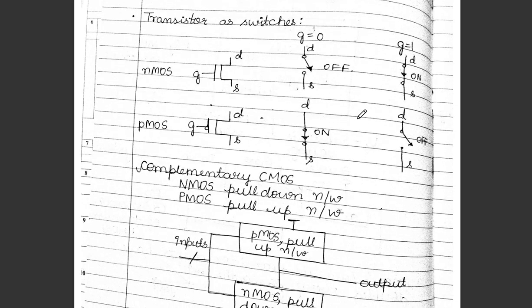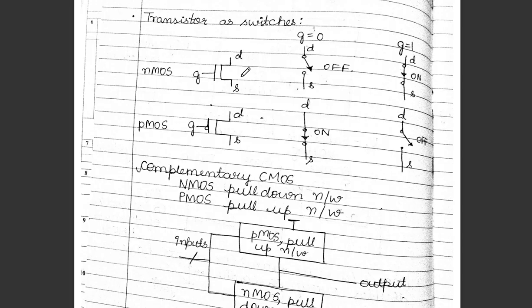Next, we'll discuss transistor as switches, where the major function is through the gate terminal. In NMOS transistor, here you can see this is the symbol of NMOS transistor, that is gate, drain and source. When G is equal to 0, that is the gate terminal has a 0 voltage, the current flowing from drain to source is off.